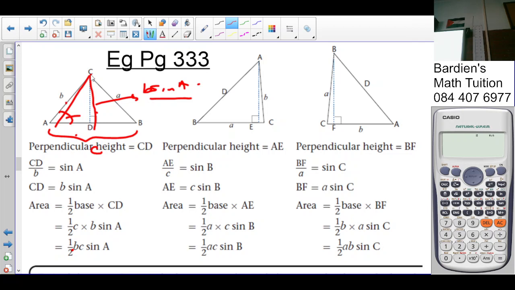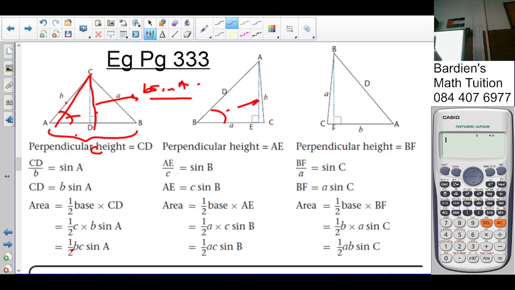Okay, now we work with this angle here. Say your perpendicular height is AE, which is constructed.